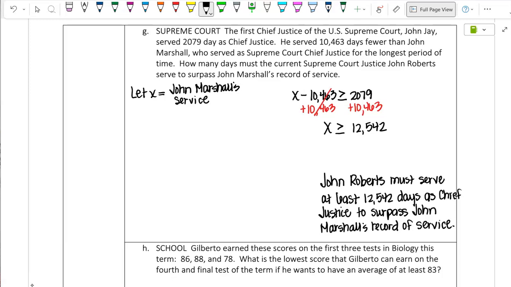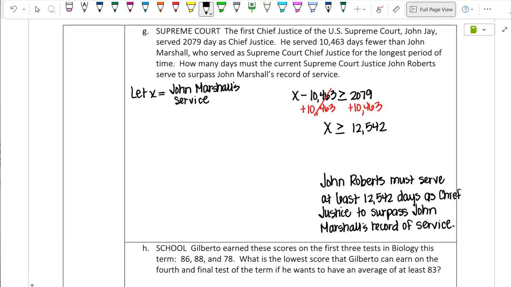And just to let you know, as of today, John Roberts started serving as the Chief Justice on September 29th, 2005. And as of today, November 13th, 2025, that gives him 7,353 days that he has served.